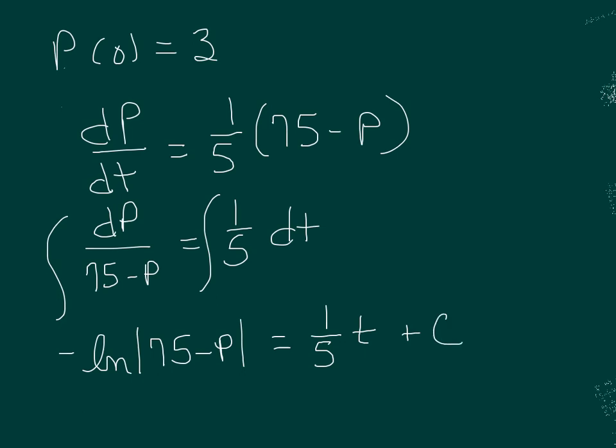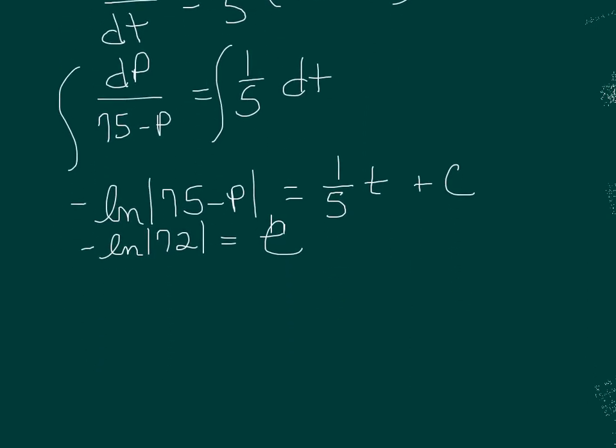Okay, at time equals 0, p is 3. So if we solve for c, we get the negative natural log of 72 equals C. I'm going to go ahead and multiply through by a negative, and we'll get the natural log of 75 minus P equals negative 1/5 t plus the natural log of 72.